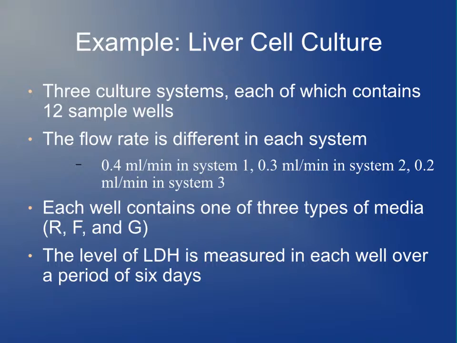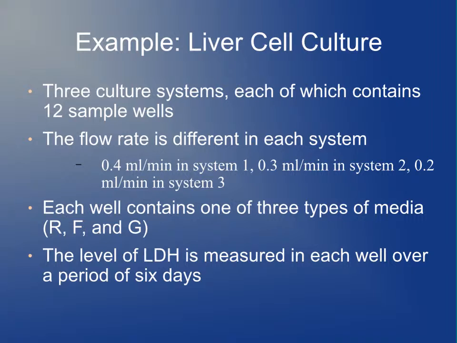in this study, she worked in a lab that did a bunch of work with liver cells. There were 3 culture systems. Each culture system had 12 sample wells, and in each system there was a different flow rate: 0.4 milliliters per minute in one system, 0.3 milliliters per minute in another, and 0.2 in the final system.